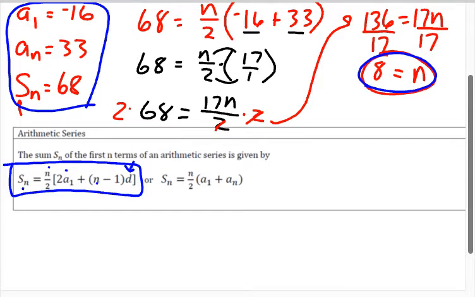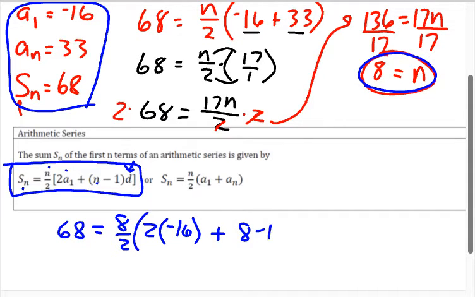So sum of the series is 68 equals, n is now 8 over 2 times 2 times a sub 1. A sub 1 is equal to negative 16 plus 8 minus 1 times d. Okay.